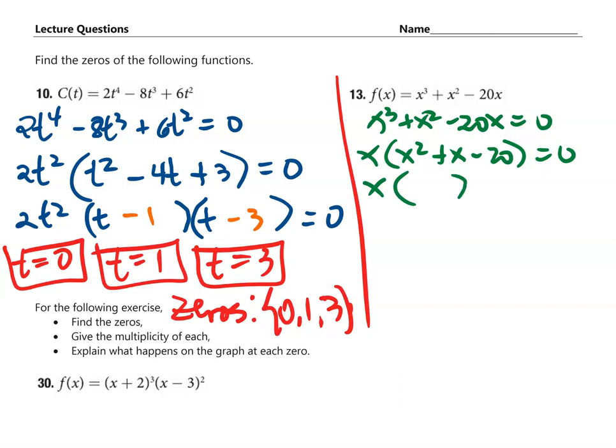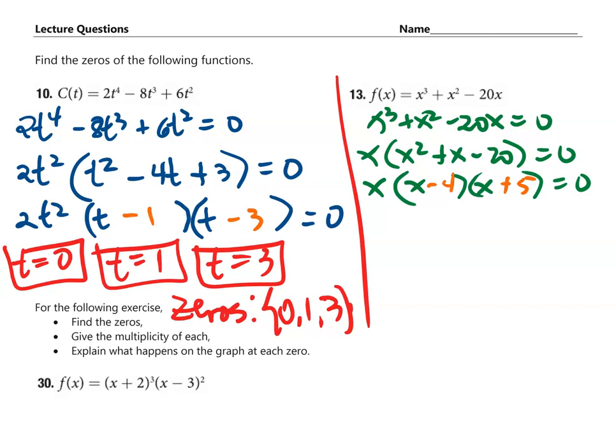Now let's see if this trinomial is factorable. x squared is x times x. Can I find numbers that multiply to negative 20 and add to 1? Yes, negative 4 and positive 5. Negative 4 times positive 5 is negative 20. Negative 4 plus 5 is positive 1.